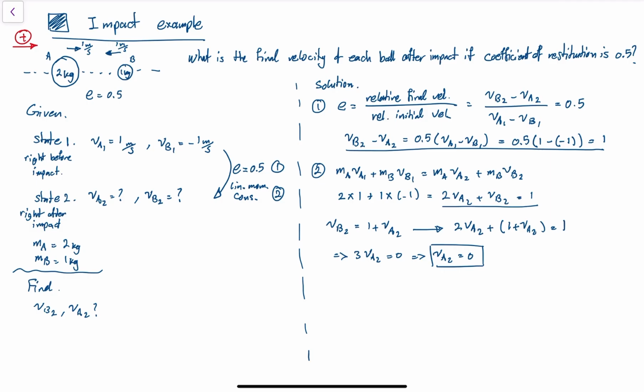So I can calculate VB2, which is 1 plus VA2, which equals 1 meter per second. And it turns out positive. So B bounces back in that direction and A stays still.